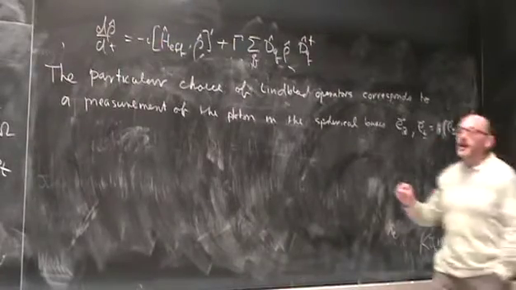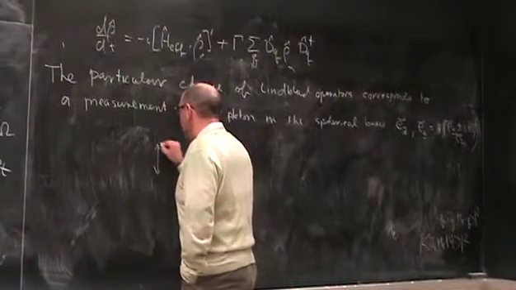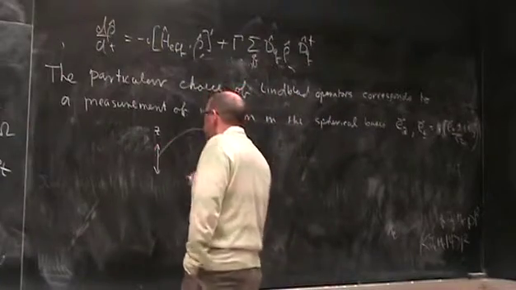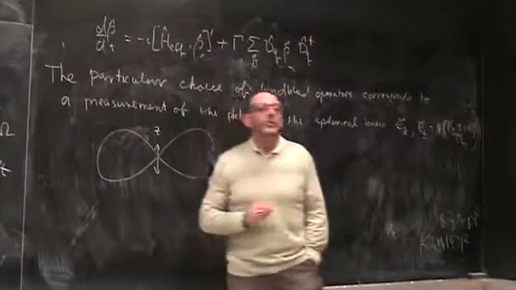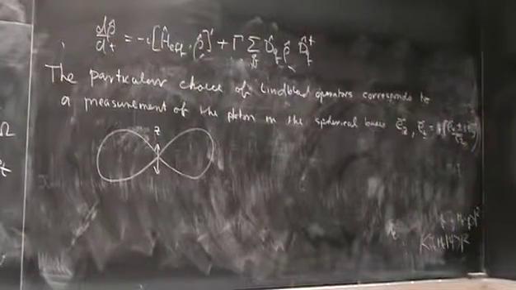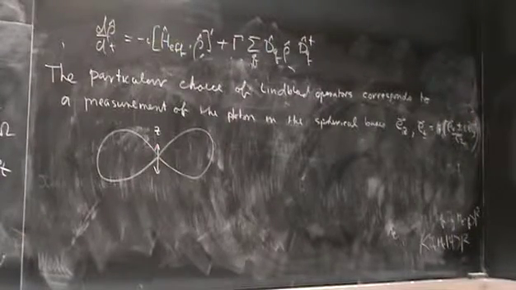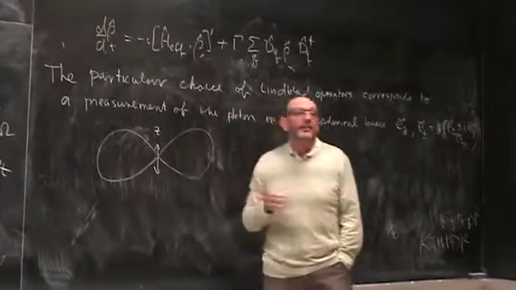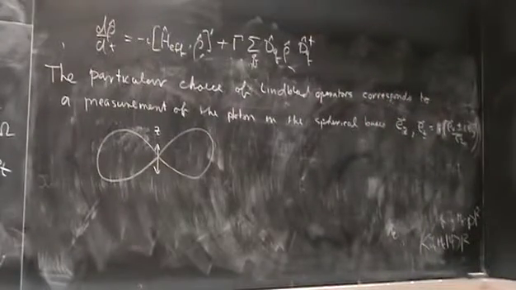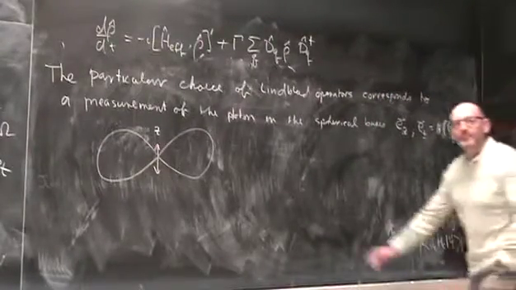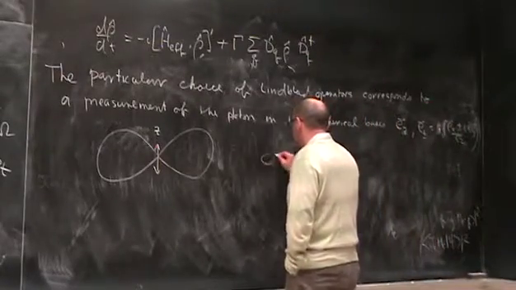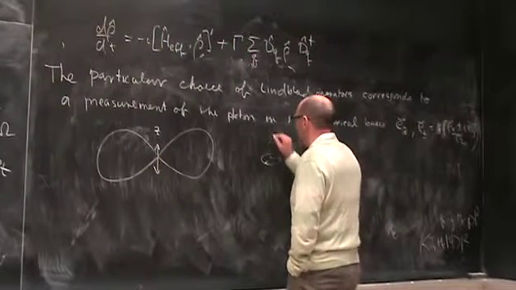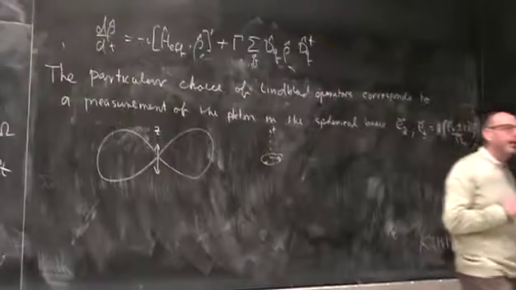If the dipole oscillates along the z-axis, then the photon is coherently emitted into a dipole radiation pattern. It's not emitted into a plane wave. It's emitted into a superposition of plane waves that has this pattern of radiation that you all know and maybe love.